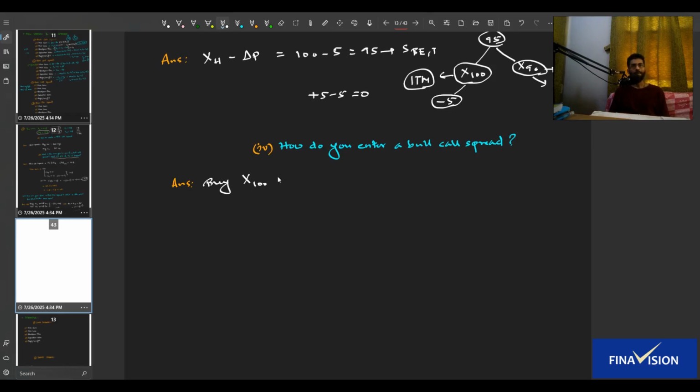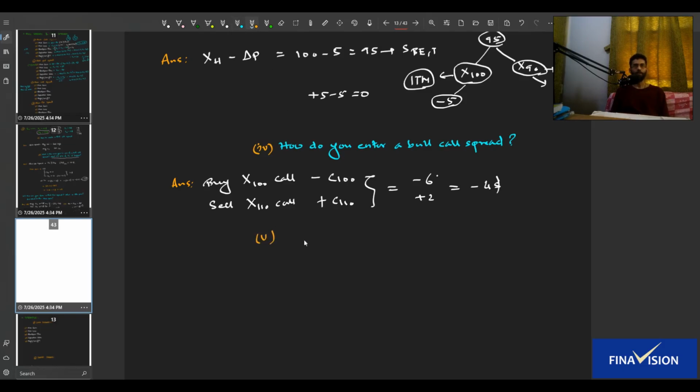So you buy the X100 call by paying C100. Along with that, you sell the X110 call by receiving C110, which means a net cash outflow equal to minus 6 plus 2, which is equal to minus $4. So here there is an initial cash outflow, right?